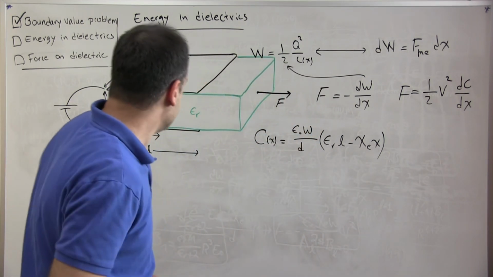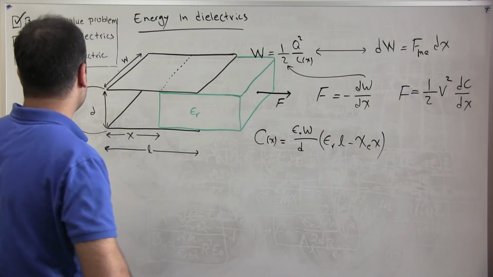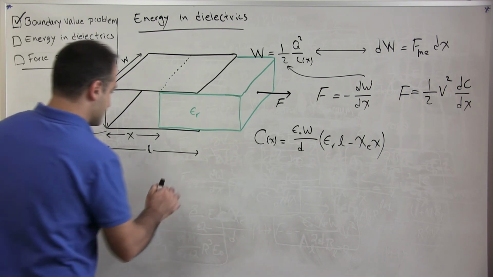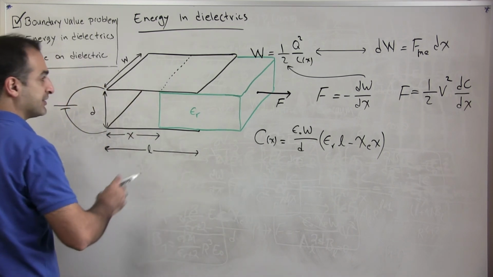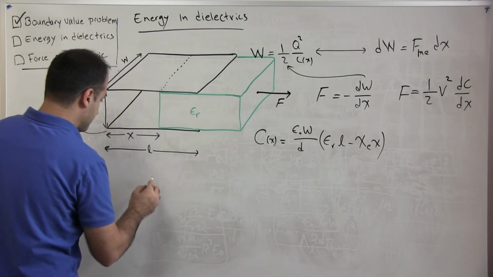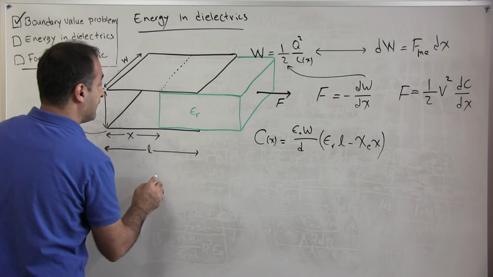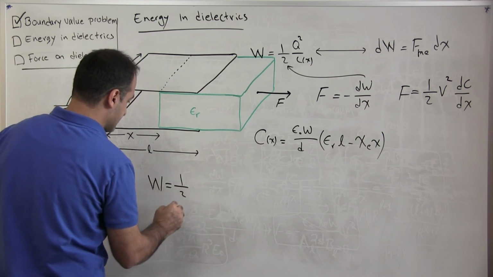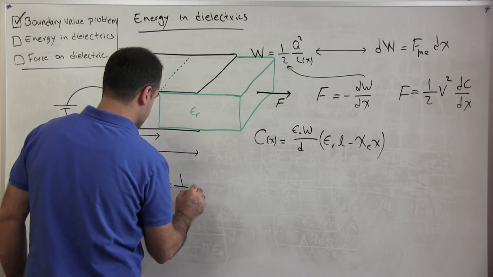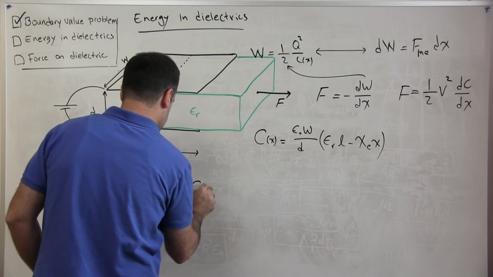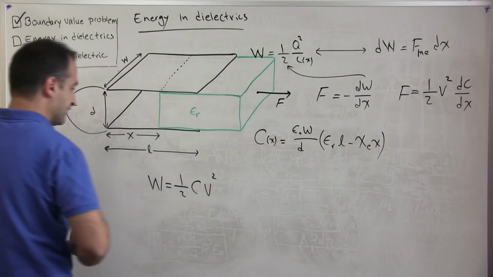Now, the subtle thing is that you can make a mistake by not including the work done by the battery. So if you keep the battery connected, you are keeping the voltage across the capacitor the same. So W, you can write it in terms of 1/2 CV squared.